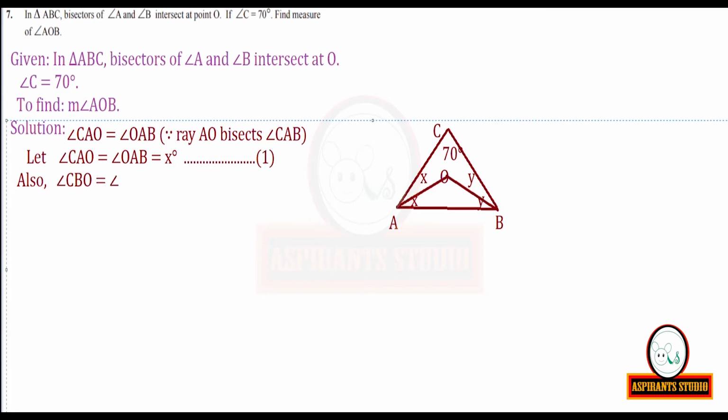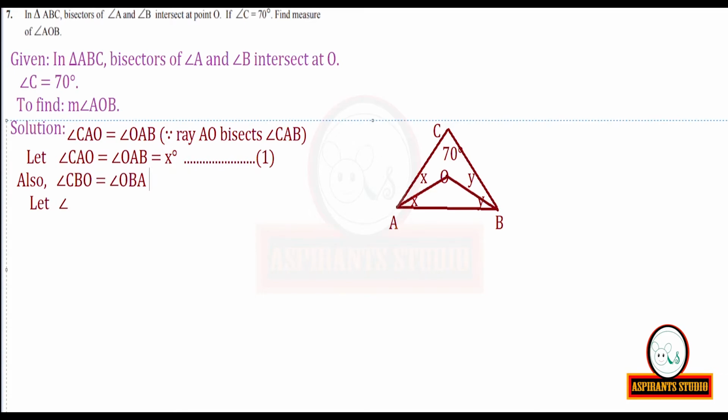So, you get angle CBO is congruent to angle OBA. So the measures of these angles are equal. Measure of angle CBO will be equal to measure of angle OBA.